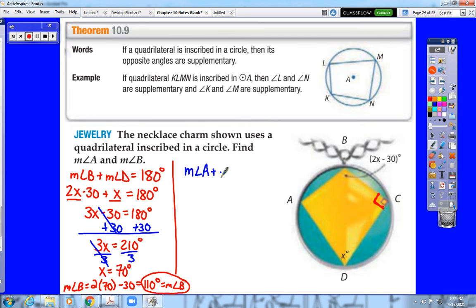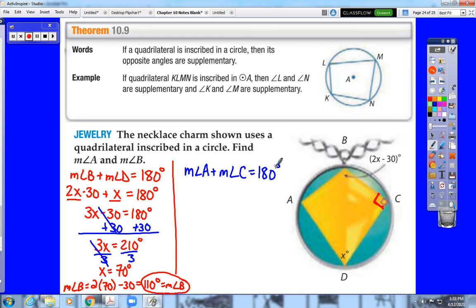So when we do the exact same thing with A and C, it's going to go a lot faster and simpler because angle C has a boxing mark indicating that it is a 90-degree angle. So all we have to do is subtract 90, and we get that the measure of angle A is 90. So that finishes up that problem.